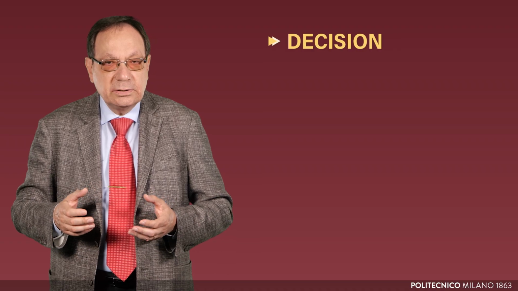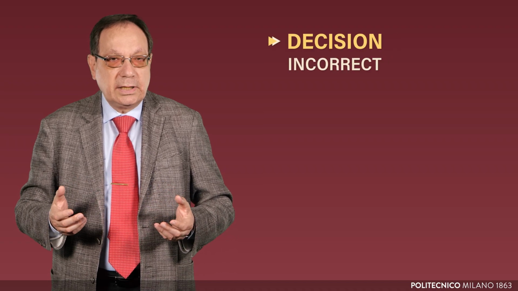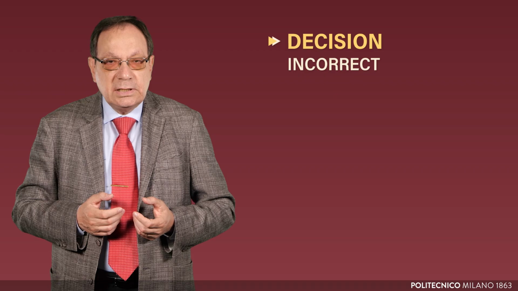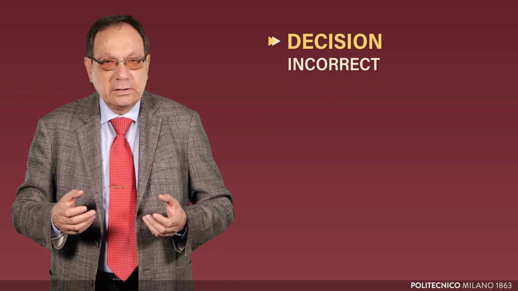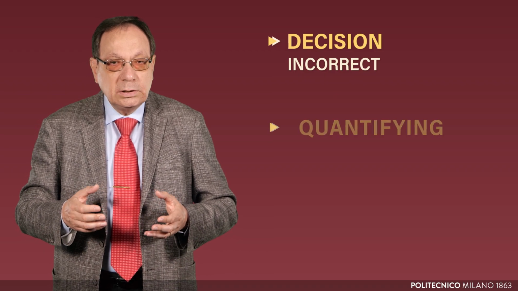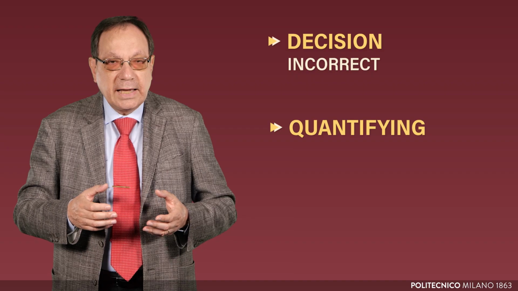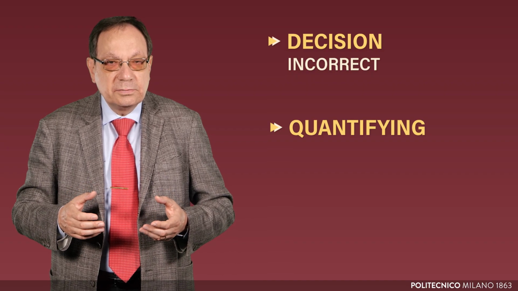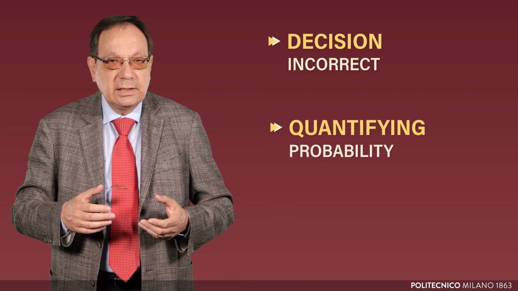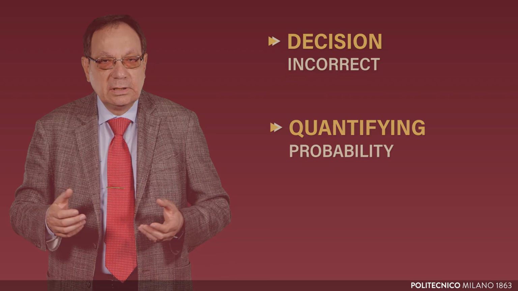This doubt is closely linked to the possibility that the decision taken may be incorrect. As we will see, one of the tasks of metrology is precisely to quantify this doubt by expressing it in terms of the probability of making an incorrect decision.